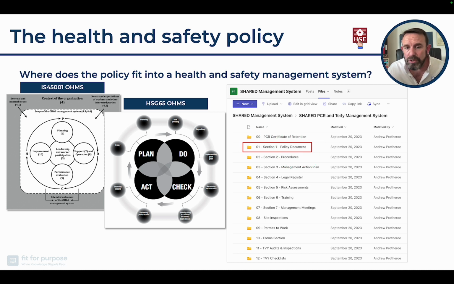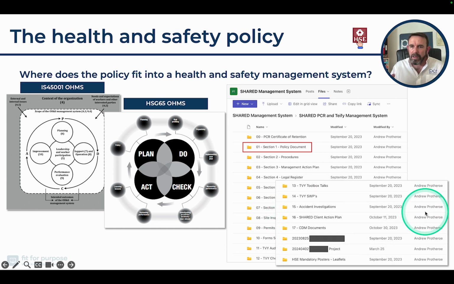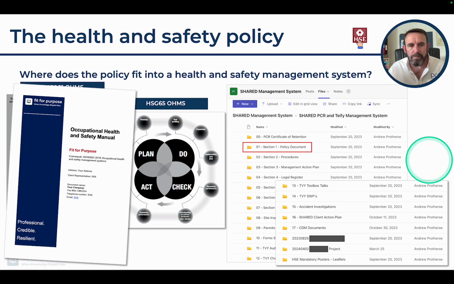Well, that policy document is within this area, but as we can see, there are procedures, risk assessments, meetings, inspections, plenty of other elements that make up that occupational health and safety management system, and the policy document is just one. Remember, you implement the policy through the management system.